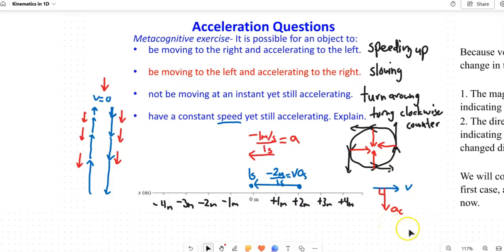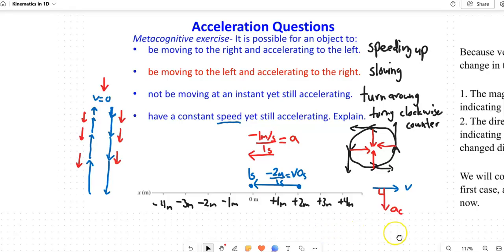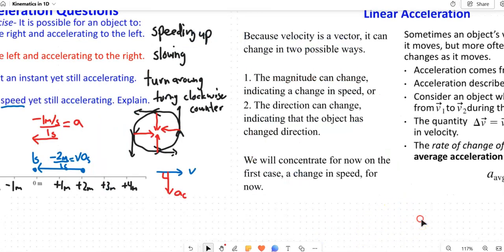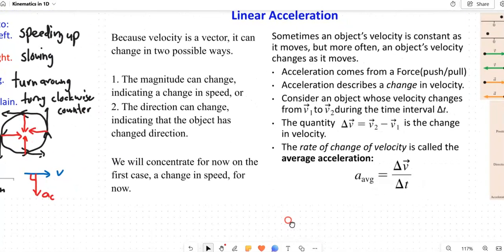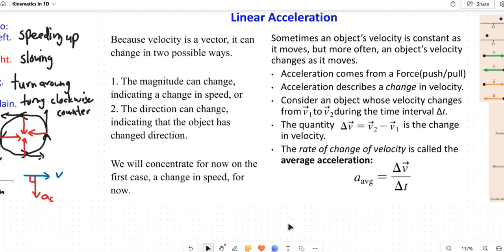Okay? So that's really how little we really know about acceleration. And as such, I don't want us to think about acceleration as accelerating or decelerating. We're going to use simple terms like speed up, slow down, constant velocity, turning clockwise, turning counterclockwise. Okay? But this is what linear acceleration is.